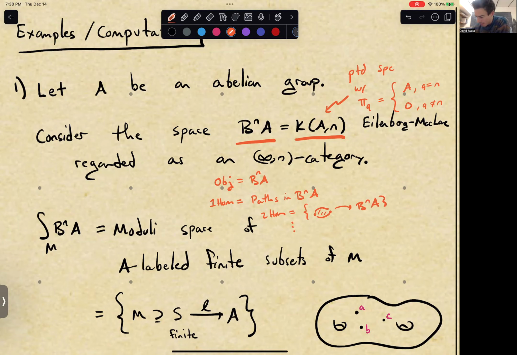And because this space is pointed, so will the associated infinity n category.